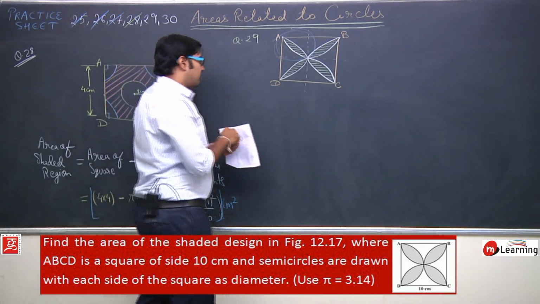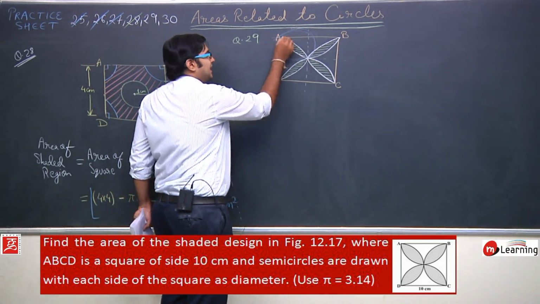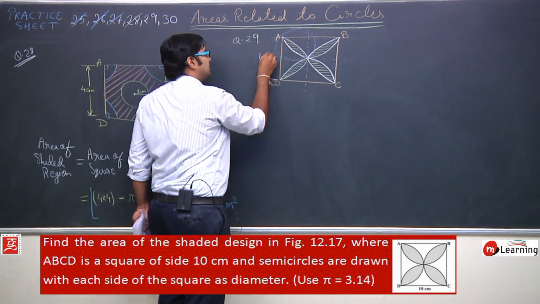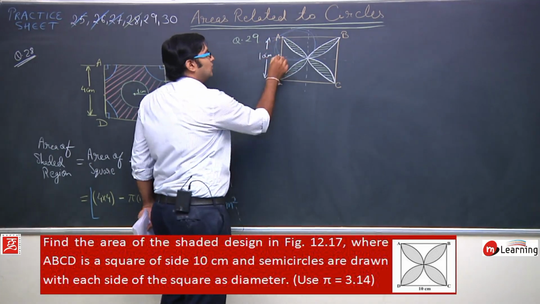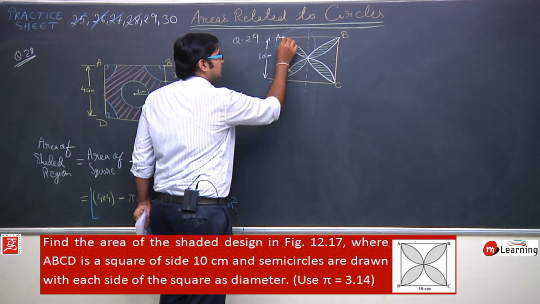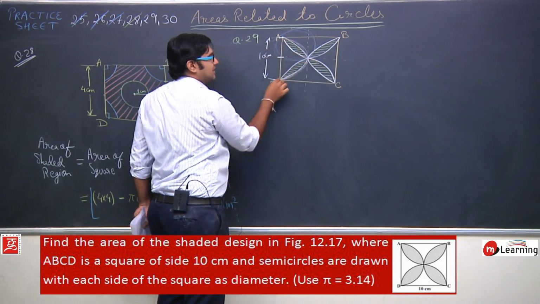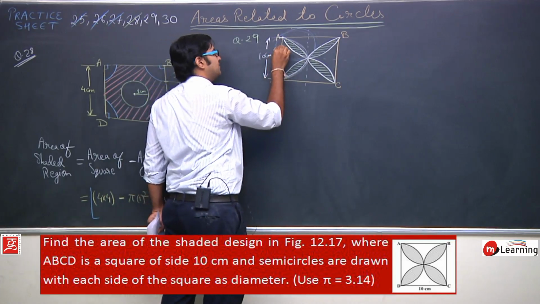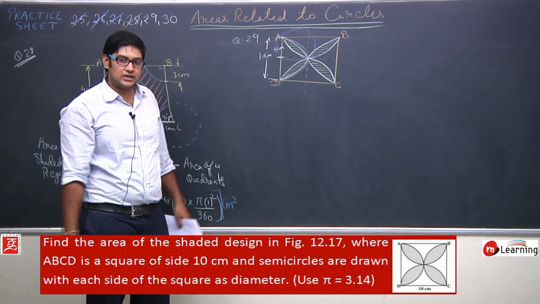So if we magnify this portion, this AD is given as 10 centimeters. So what will be the radius of this semicircle? The radius of this semicircle is equal to 5 centimeters. It is half of this, because this AD acts as the diameter of the circle.